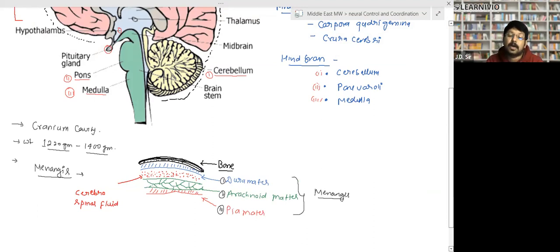These questions have been asked in medical examinations. Please note it down. First note it down and let me know.